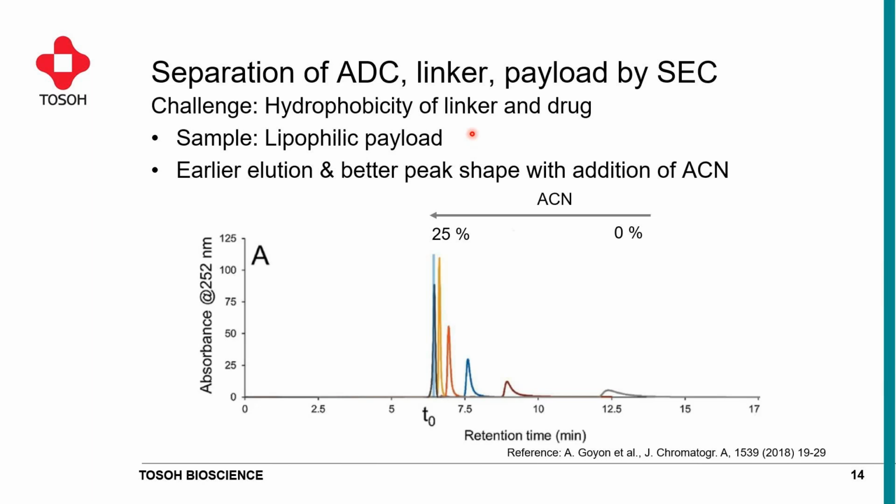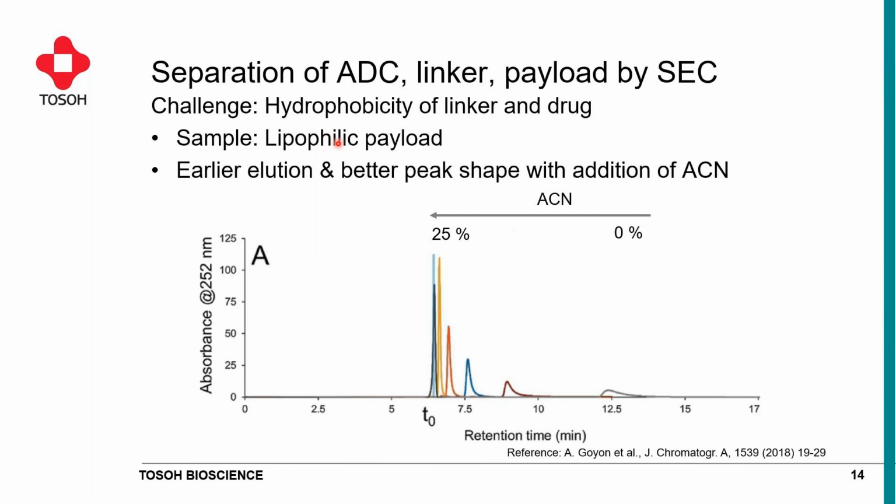Reason being, we may come across interactions with the stationary phase because the linker and or the drug are rather hydrophobic. The payloads are often lipophilic, which may increase the interactions with the column.